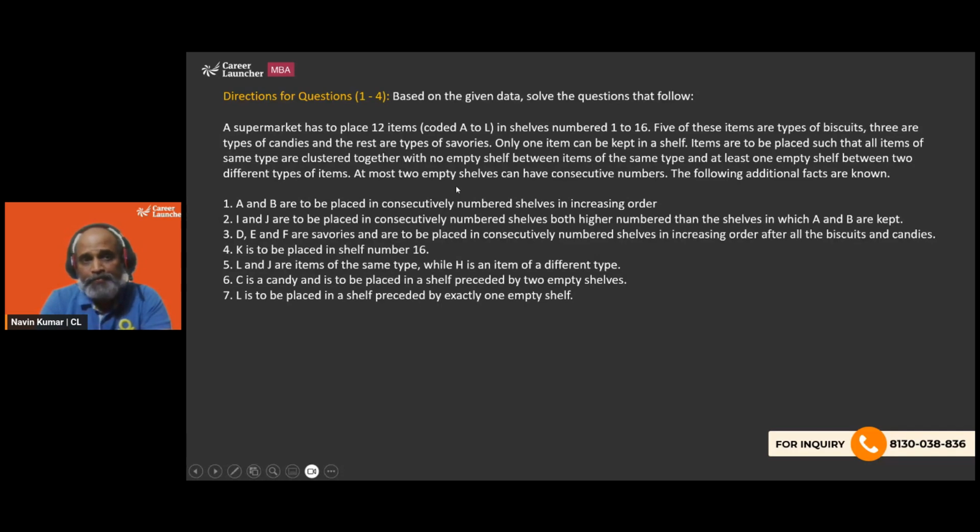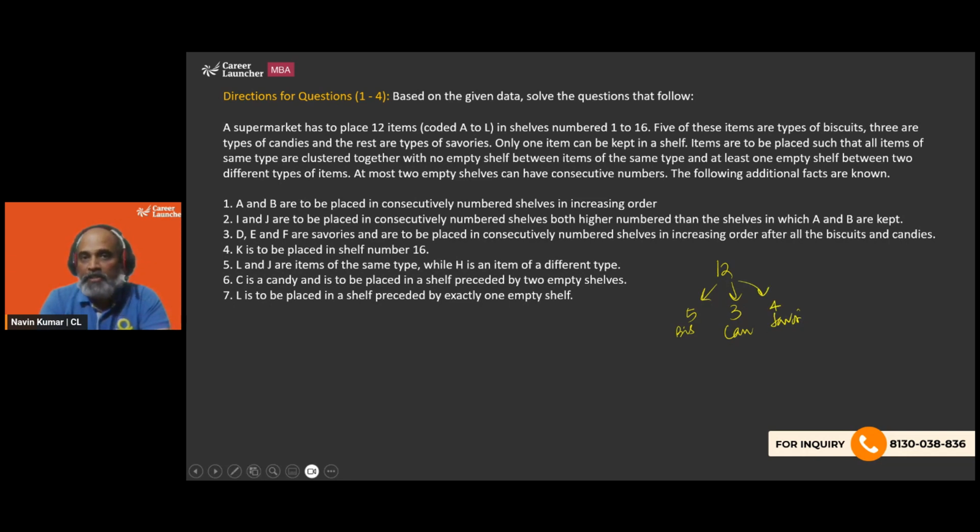So A to L are a total of 12 items, and there are 16 shelves, so basically 4 shelves are going to be empty. 5 of these items are types of biscuits, 3 are types of candies, and the rest are types of savories. So out of 12, if we have 5 biscuit types and 3 candy types, the remaining 4 are going to be savories.